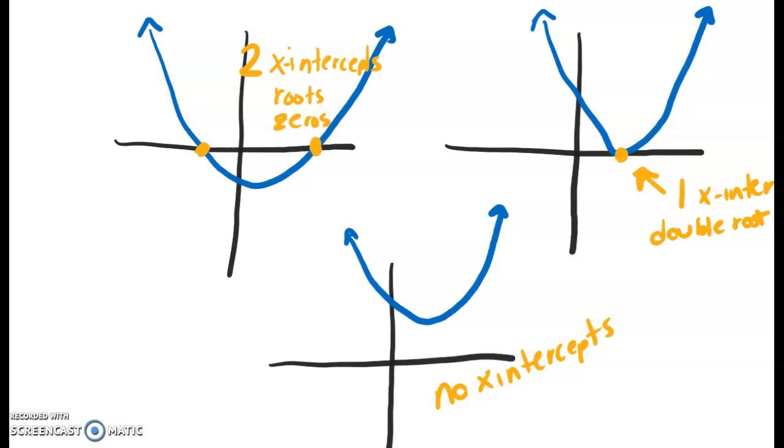So when we're looking at a quadratic function, in order to find the x-intercept, just like with a linear equation, you let y equal 0 and solve for x.